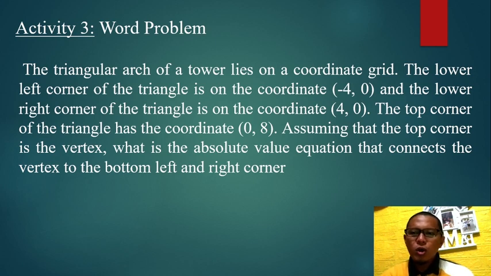The lower left corner of the triangle is at the coordinate -4 and 0, and the lower right corner is at 4 and 0. The top corner of the triangle has the coordinate 0 and 8. Assuming that the top corner is the vertex, what is the absolute value equation that connects the vertex to the bottom left and right corners?